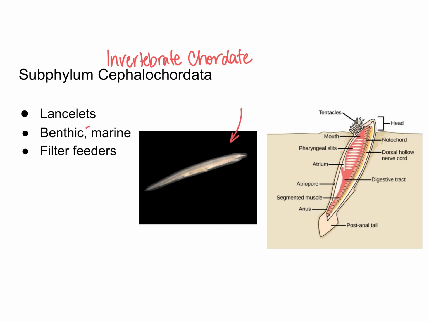They are benthic, which means that they typically live or are found on the bottom of the ocean. And they are marine, which means that they are in the ocean. And they are filter feeders. So you can see in this picture here that they typically kind of bury their body in the sand, and then their head and tentacles stick out the top, and that allows them to catch food.